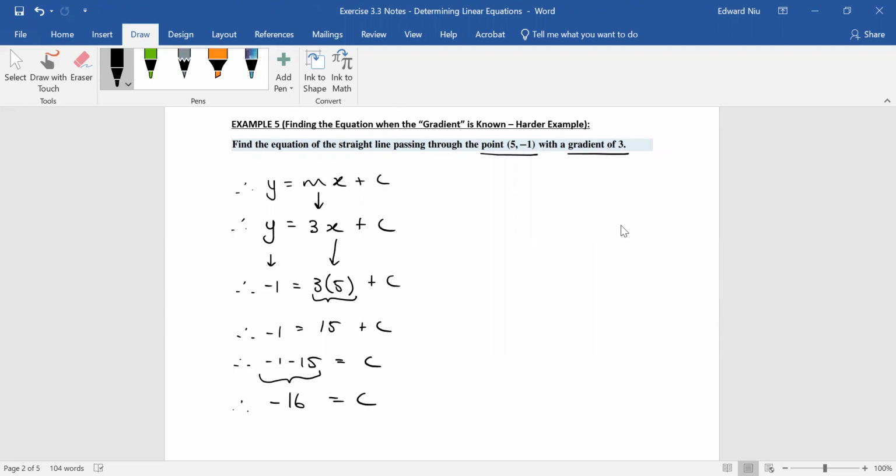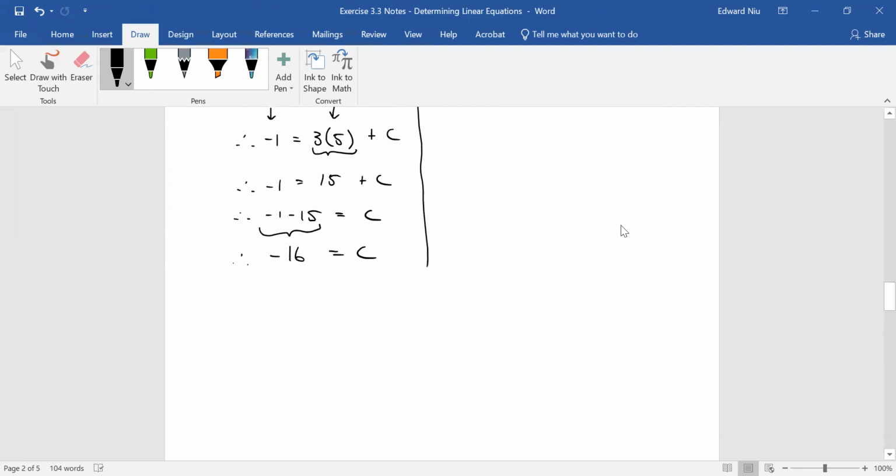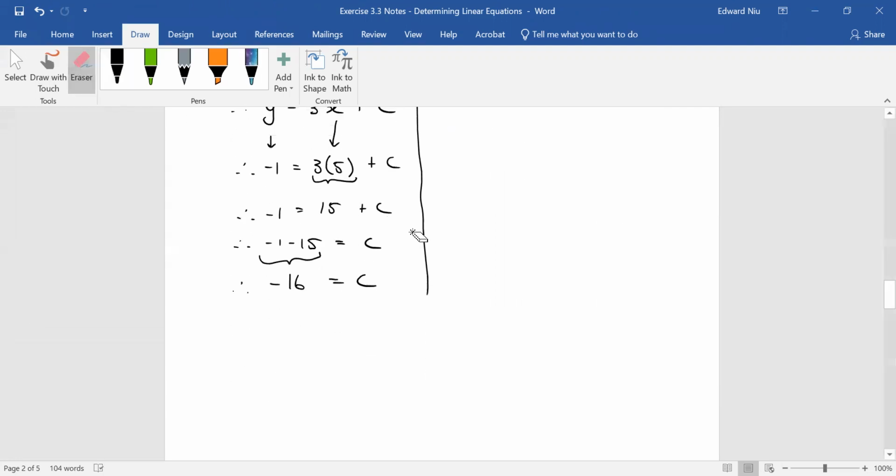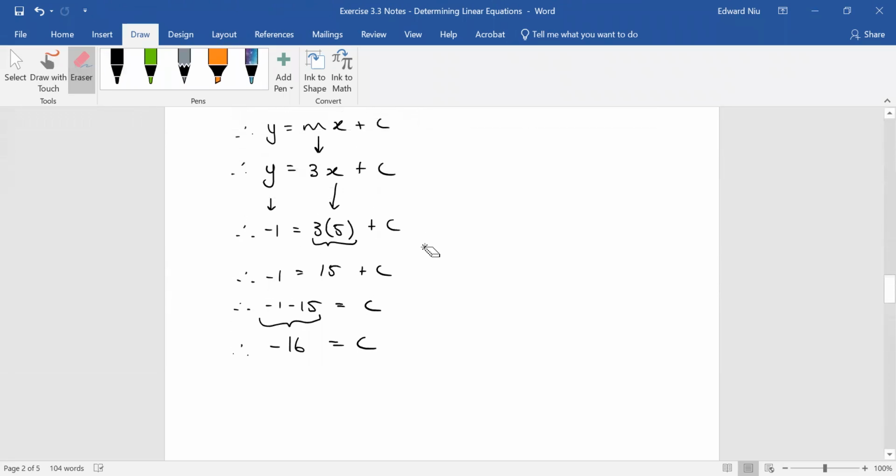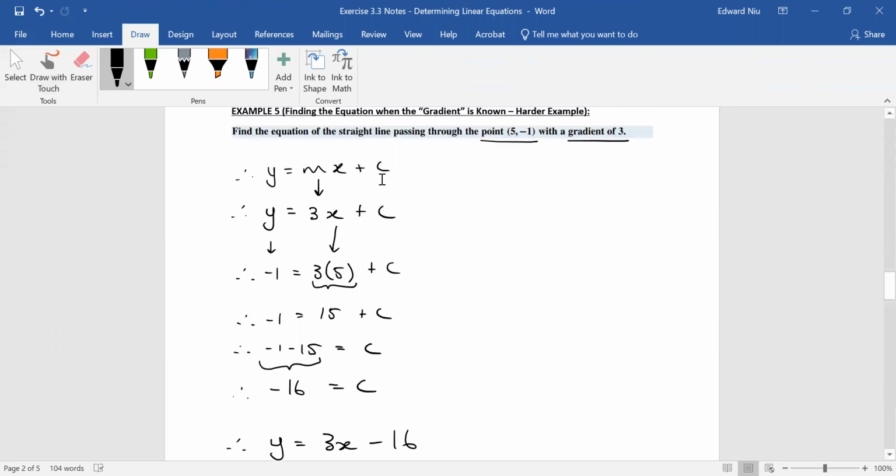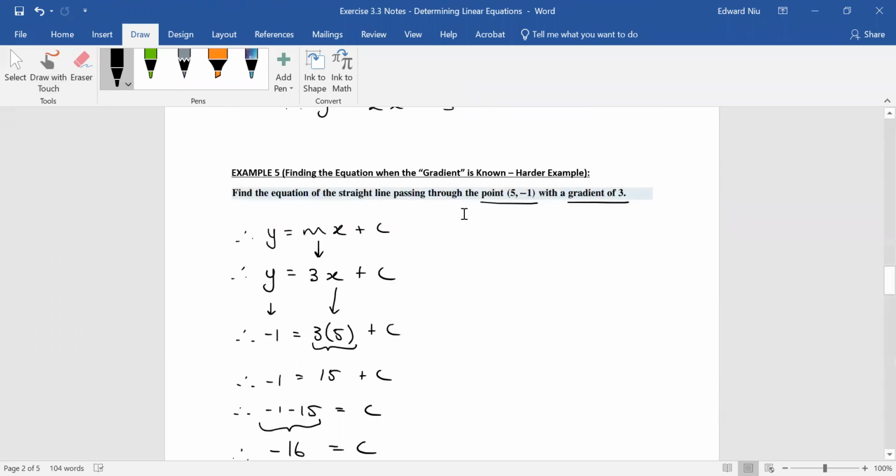What we now know from this equation up here is that y equals 3x take 16, and that's going to be our answer for the straight line.